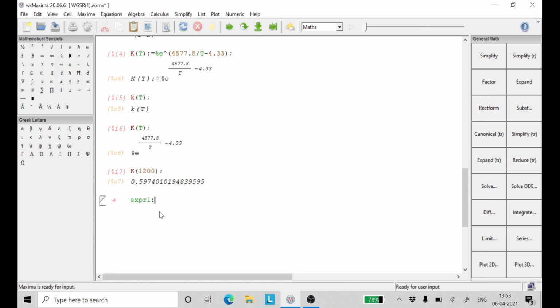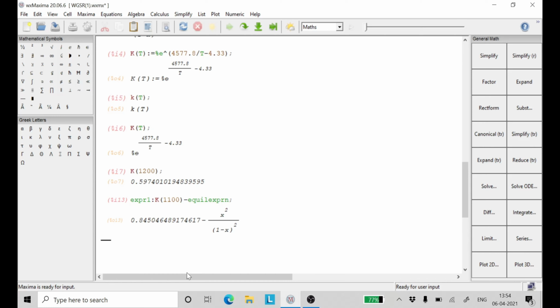We write K and we solve K for 1100, and we write the expression. So we get back the expression now. This first expression is for a K value of 1100.